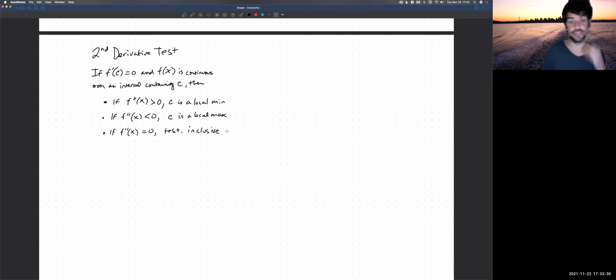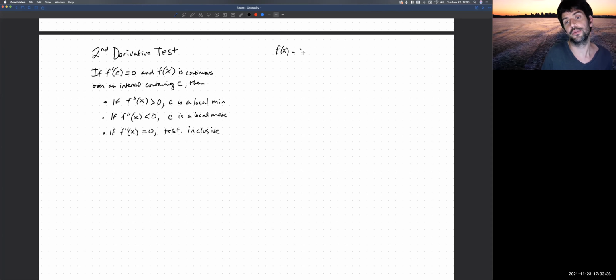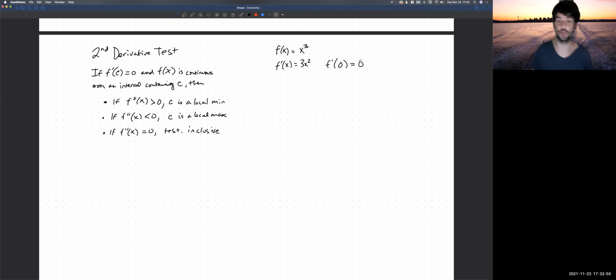So let's see a quick example of that. Let's look at the function f of x equals x cubed. If we look at the first derivative, we get 3x squared. And it's easy enough to see that f prime of 0 is equal to 0. So that's our only critical number, at 0.